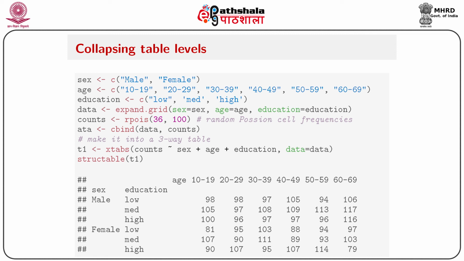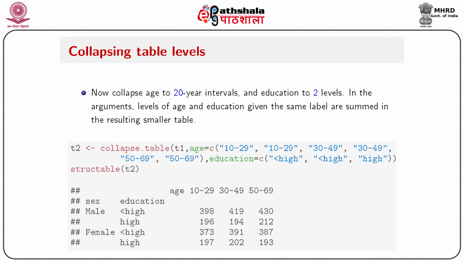The left side is the counts and the right side is sex plus age plus education, and it will give you the 3-way table in this format.